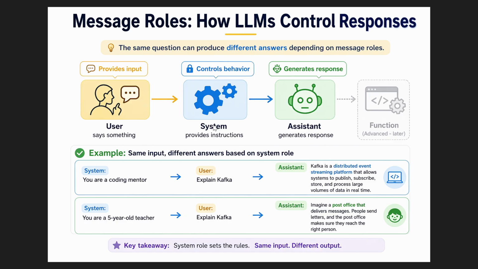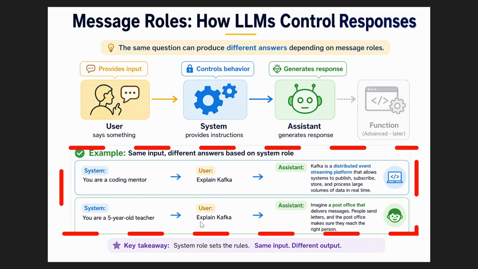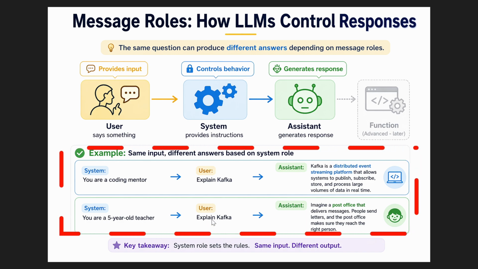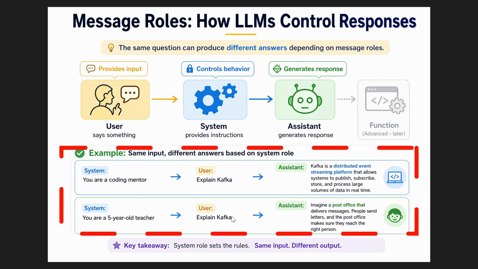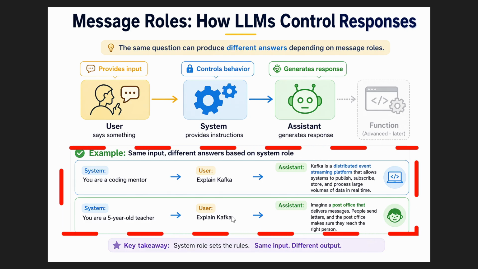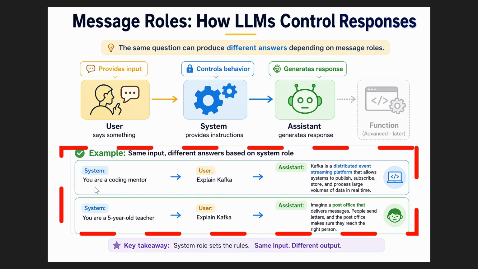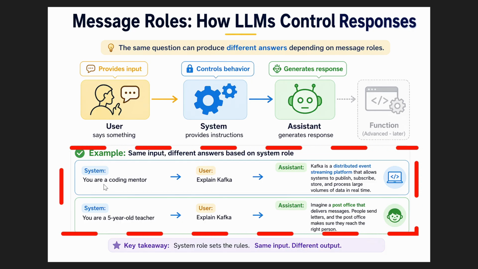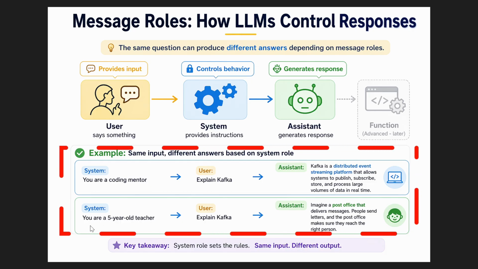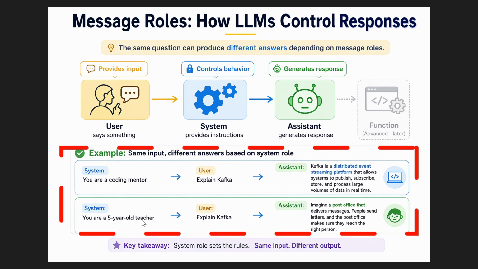So let me show you something interesting. The user question is the same. Both users are asking the same question, explain Kafka. But here we change the system role. One is a coding mentor and another one is a 5-year-old teacher.